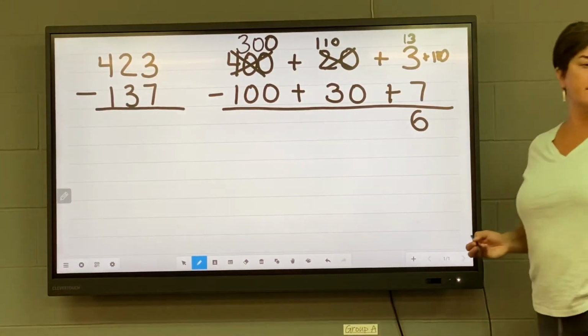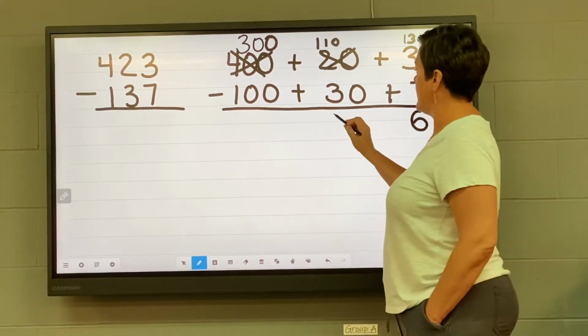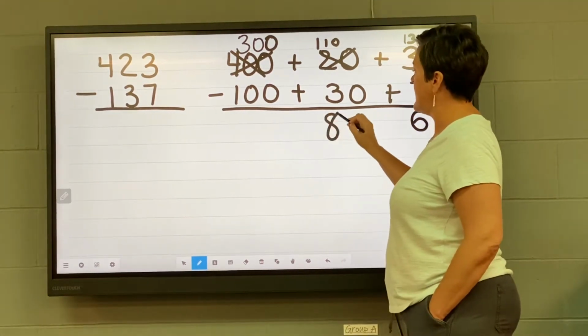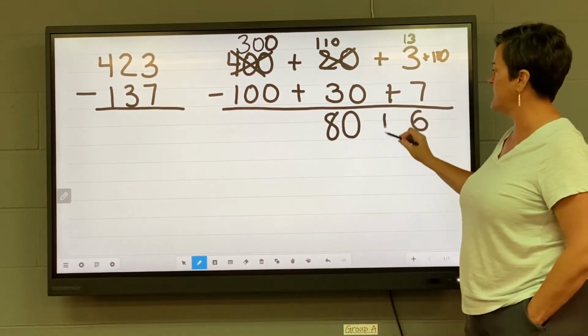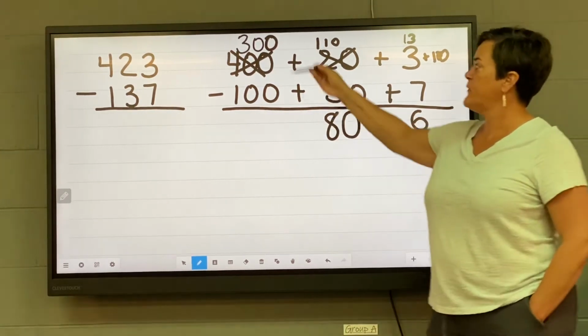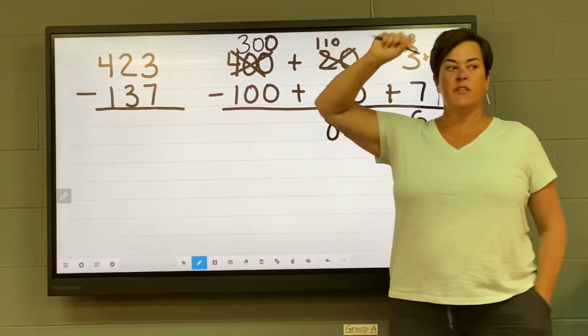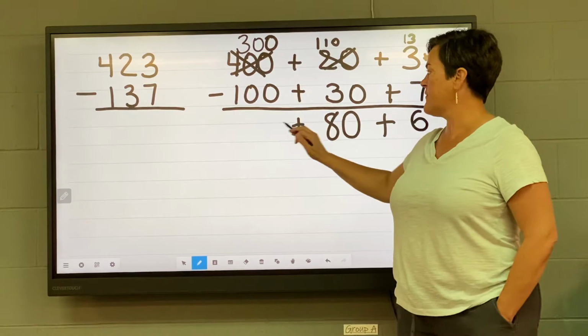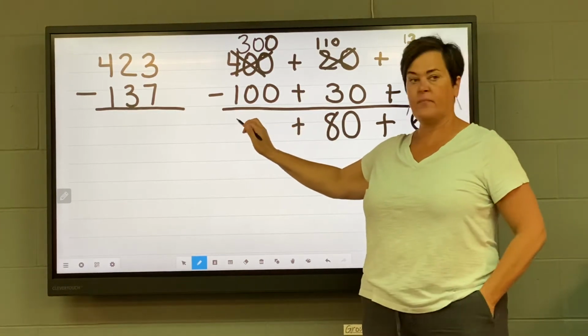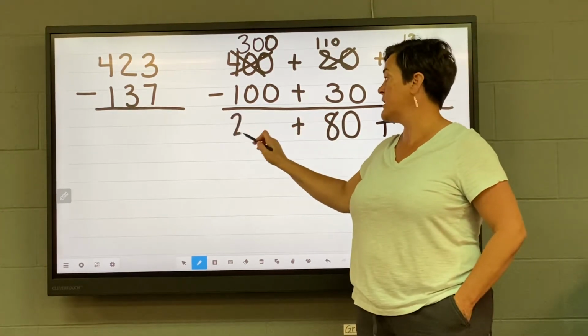Looks like I'm seeing most of you with 11 minus 3 is 8, but it's in the tens place, so it has to be 80, right? Now, if we have 300 and we take 100 away, what do we have for our value in our hundreds? 200.